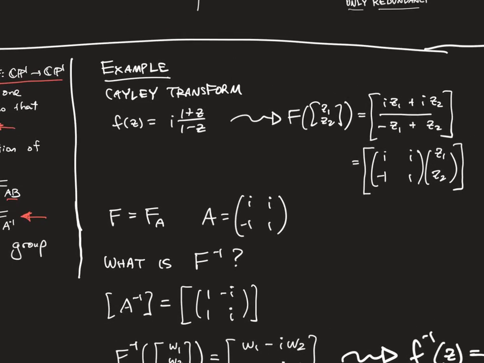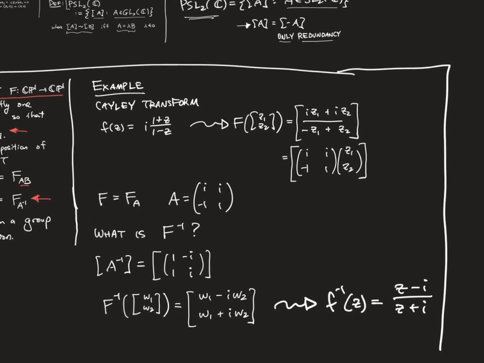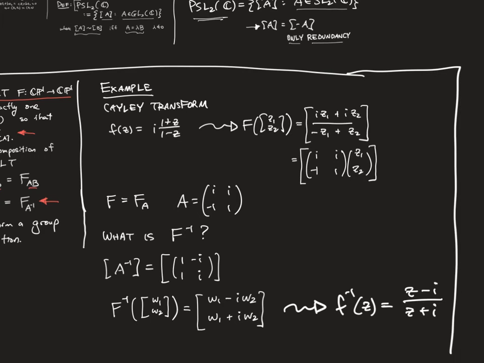Let's look at some of this with the example of the Cayley transform. So the Cayley transform was this map, f of z is i times (1 plus z) over (1 minus z). We can convert this to CP1 world, where I have sort of a typo in here.